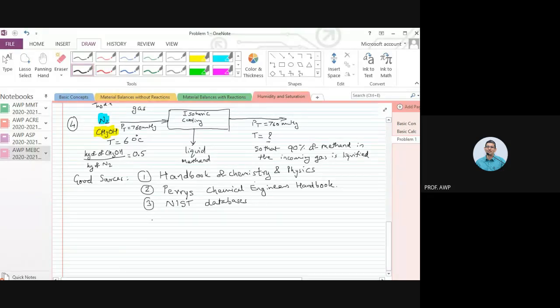For each component, for each substance, let's say each chemical, there are something called material safety data sheets, and different people make these data sheets, but these material safety data sheets also give data about vapor pressure.